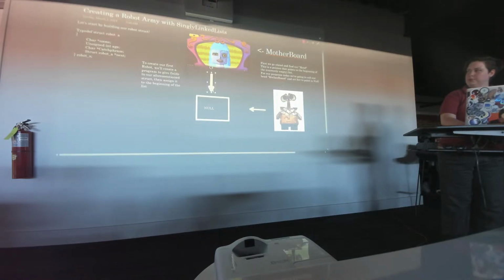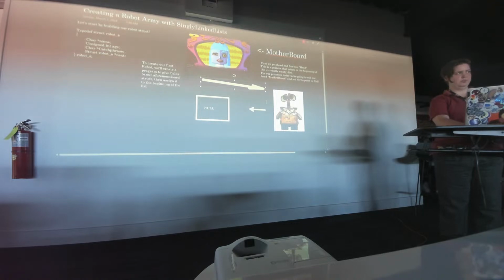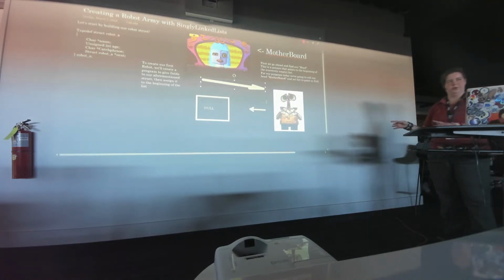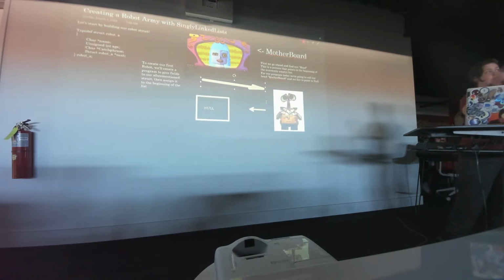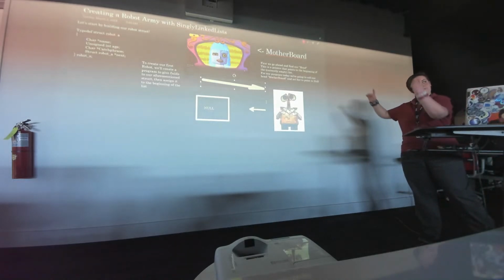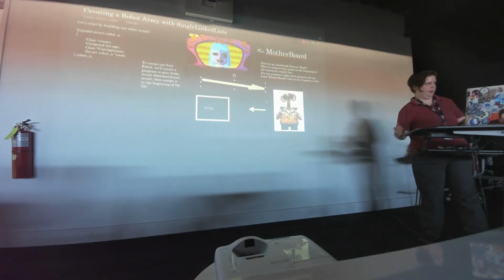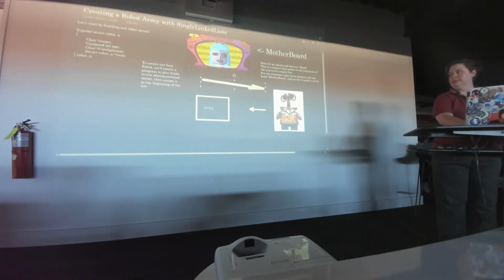And then we're going to have motherboard point to Wally. So when we create our robot, it is able to have a pointer to what would be another robot. We don't have another robot, so it's pointing to null. Then we update motherboard to point to our first robot. That's how we add a robot to the beginning of the line.